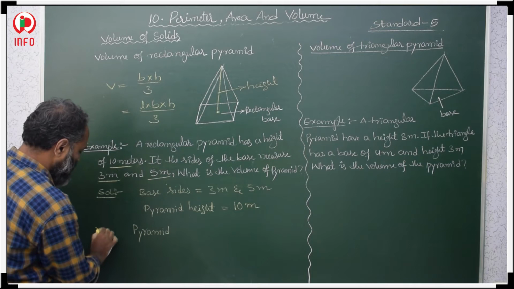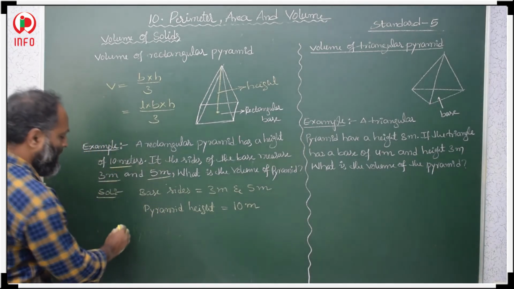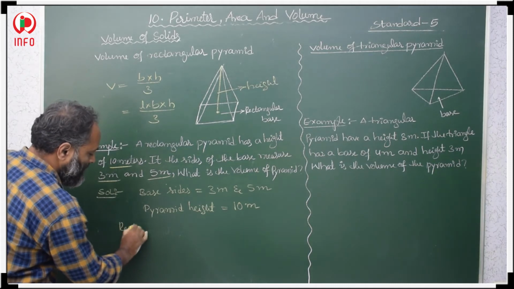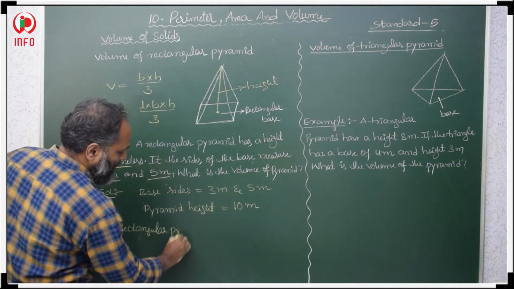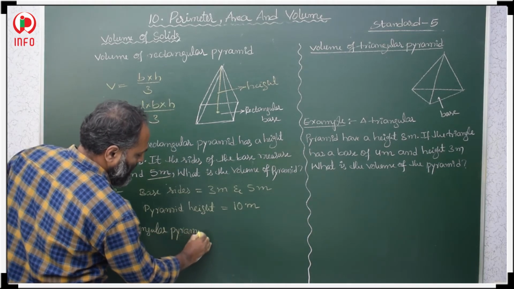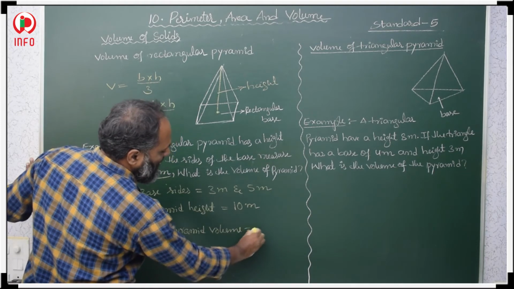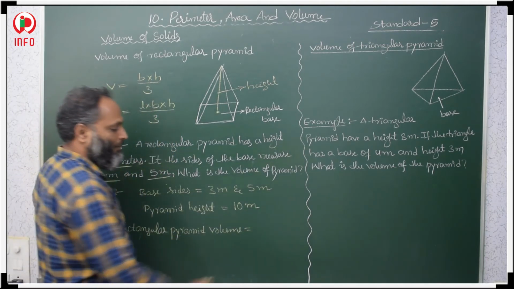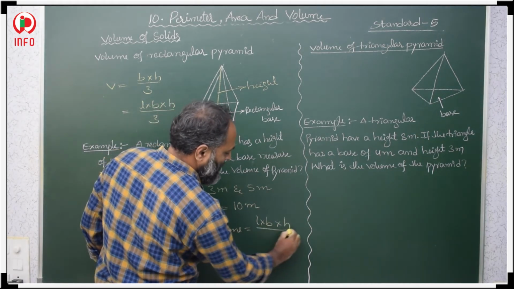This is a rectangular pyramid, here we should mention rectangular pyramid. Rectangular pyramid volume is equal to, so the base is in rectangular shape, base area is length into breadth and the height is same, by 3.